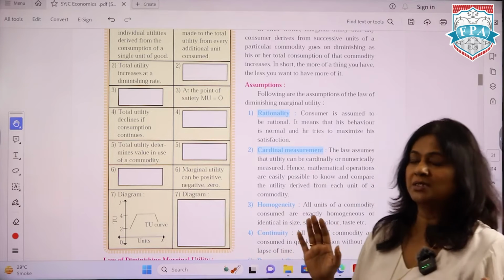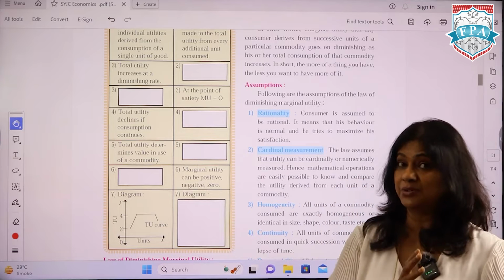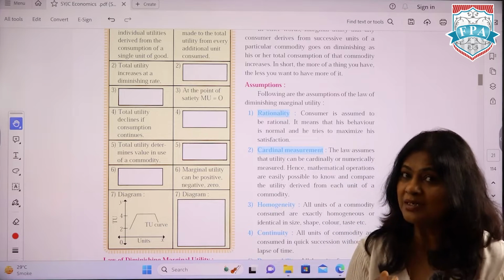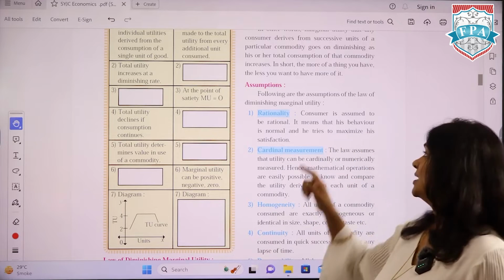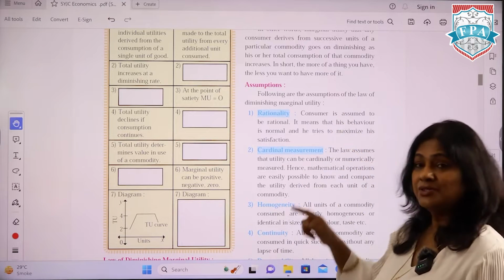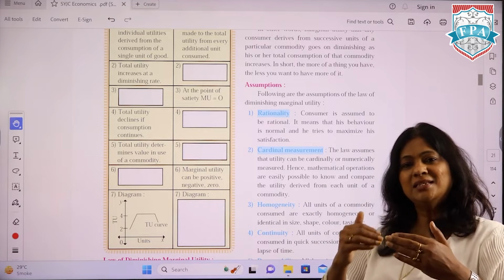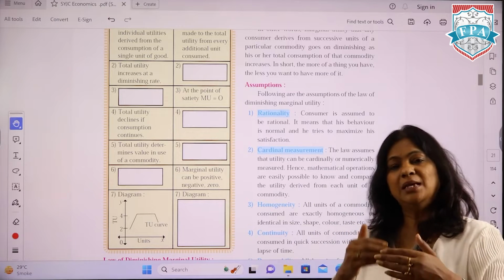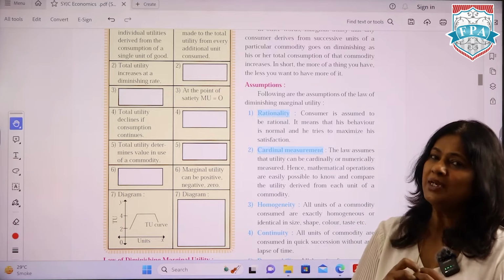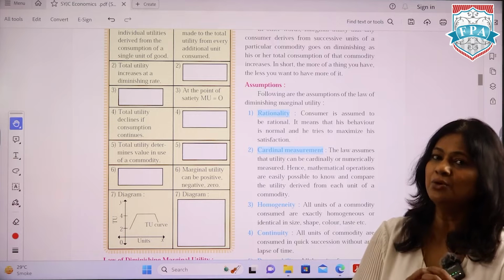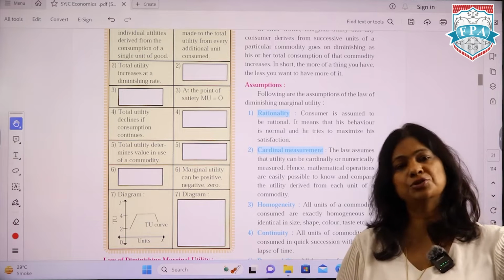We're not talking about such exceptions. Talking in a general sense, the assumption behind this is that the consumer is rational. उसको जैसे जैसे चीज एक पर्टिकुलर पॉइंट ऑफ टाइम पे ही कीप्स ऑन कंज्यूमिंग, the utility keeps on decreasing, and at the point when the utility becomes zero, that is the time when the consumer should stop consuming.